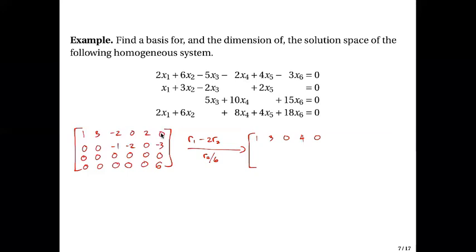Then 0 here, 0 here, minus 2 times -3, that's positive 6. And then what do we have in here? You have 0, 0, -1, -2, 0, -3. And then you have 0, 0, 0, 0, 0, 0. And then you have 0, 0, 0, 0, 0, 1.